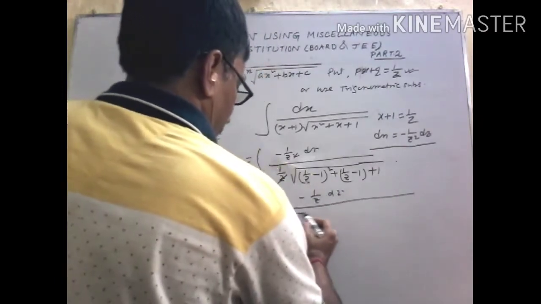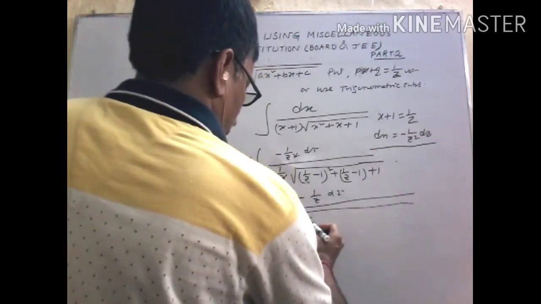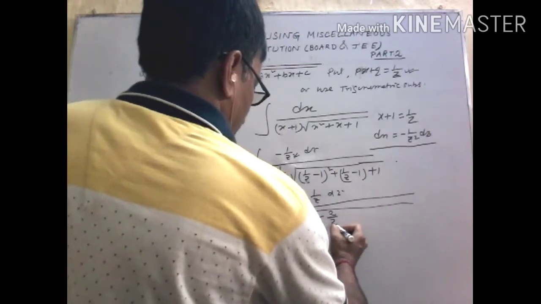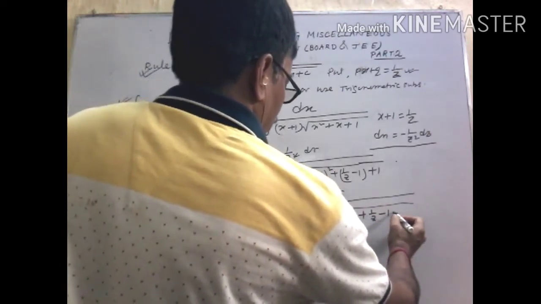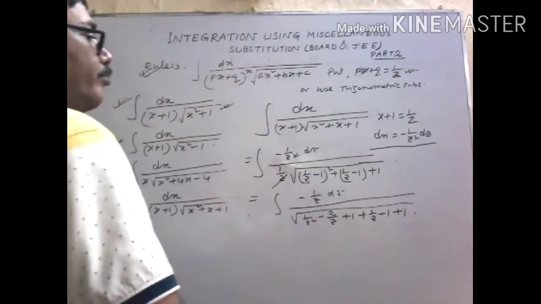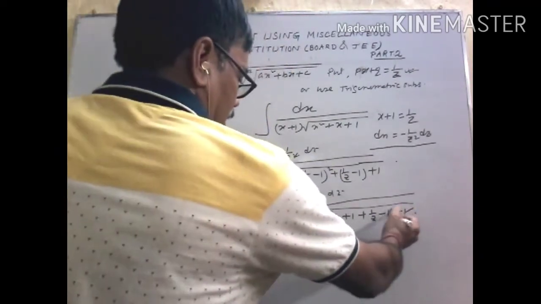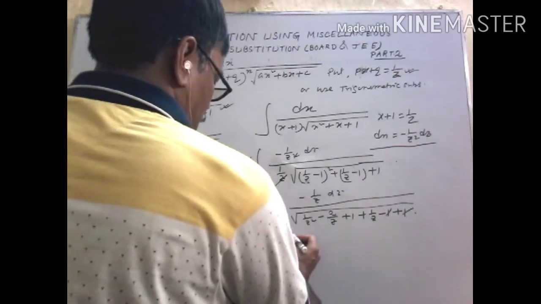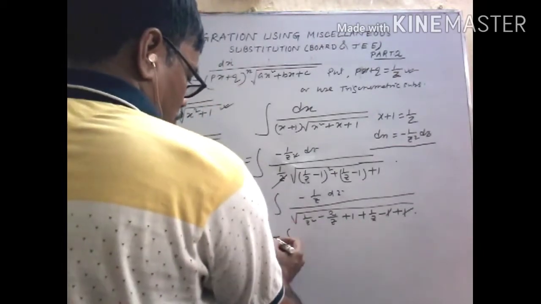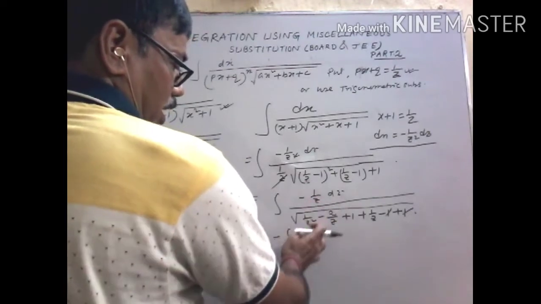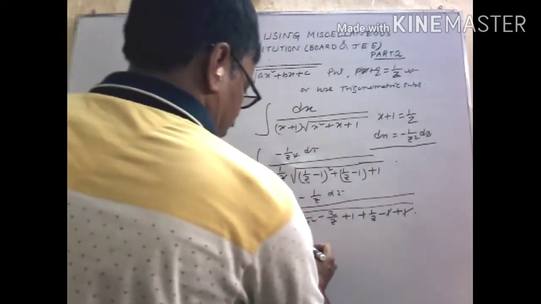Now look, this is 1 by z square minus 2 by z plus 1 plus 1 by z minus 1 plus 1. So 1 and 1 cancel. So look, if we take LCM, z square is the LCM. So minus cancel, root over z square outside z, so z cancels.